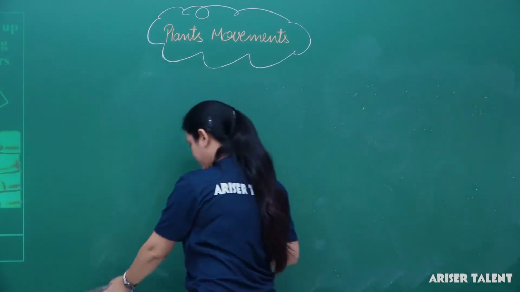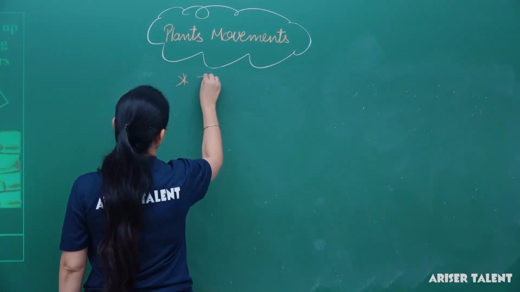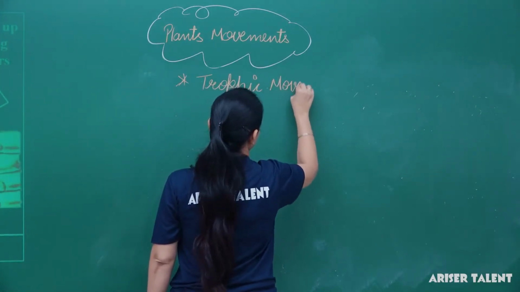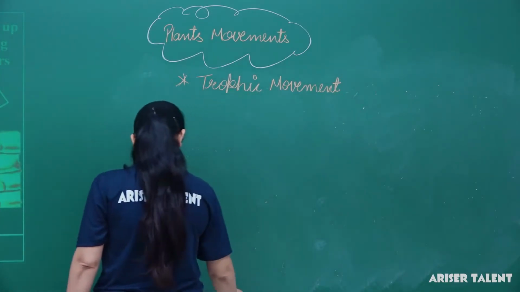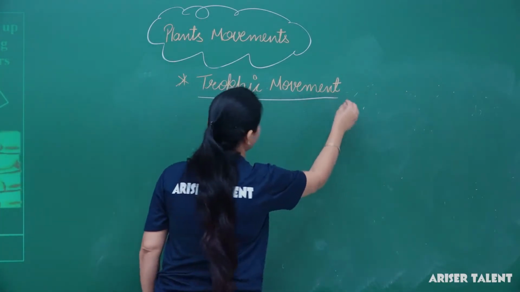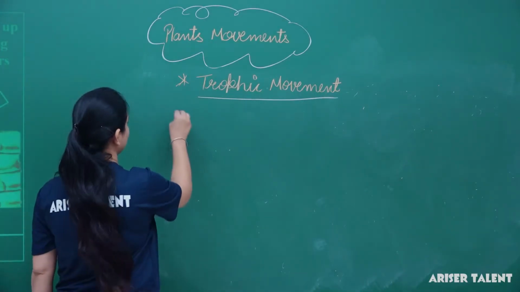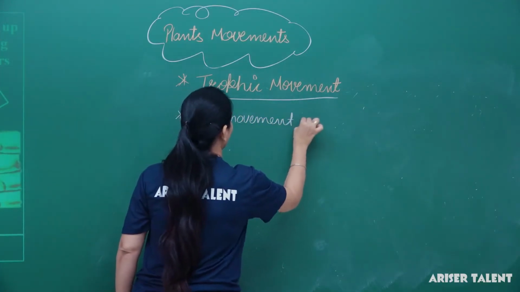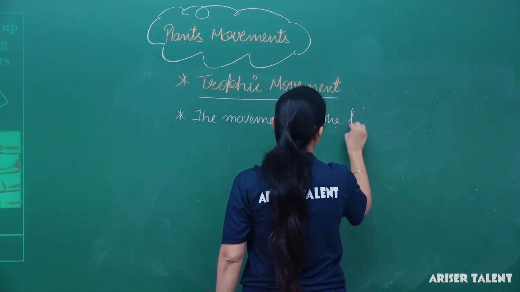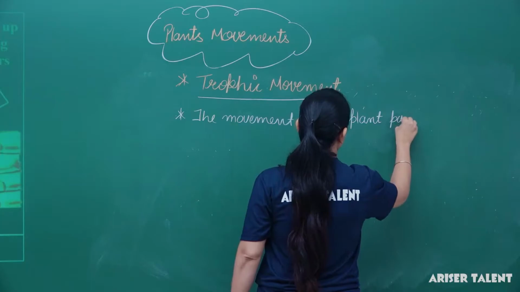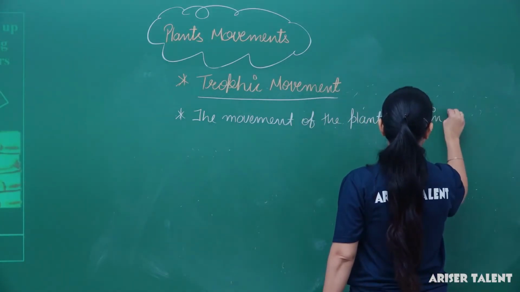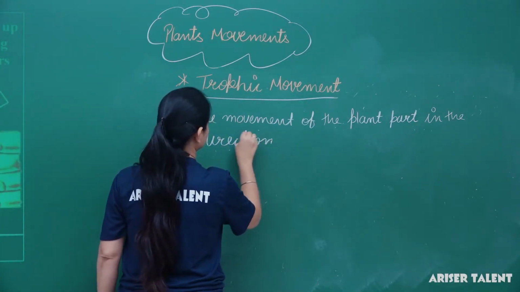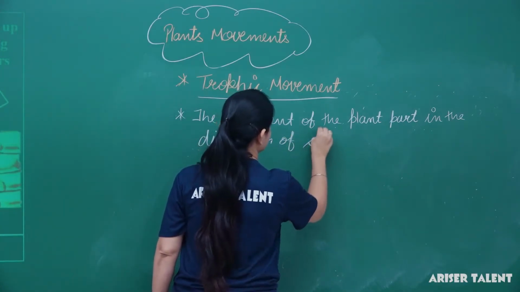Tropic movement means the movement of the plant part in the direction of stimulus.